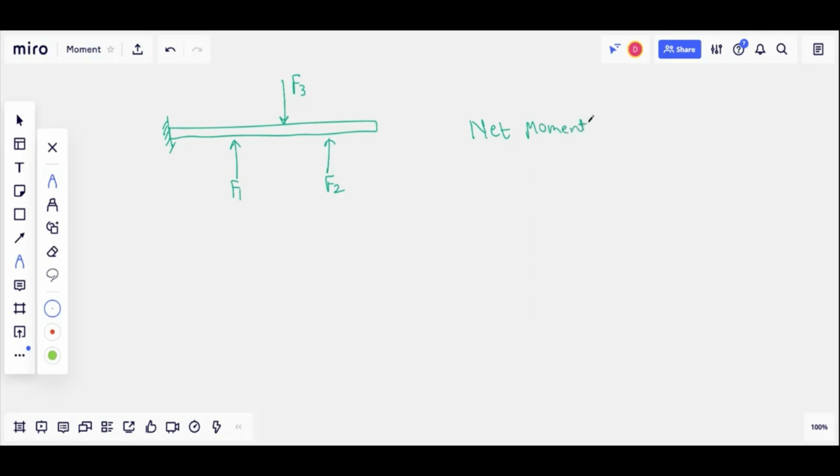So if we talk about the net moment, let's say its distance from this pivot is R1, this distance is R2, this distance is R3. Usually we consider a clockwise sense as positive. So the net moment will be, since this is providing an anti-clockwise sense, this is providing an anti-clockwise sense, while this is providing a clockwise sense, we'll say that the moment due to F3 is F3R3, denoted by M3. The moment due to the first force will be, mind the sign, we are placing a negative here.